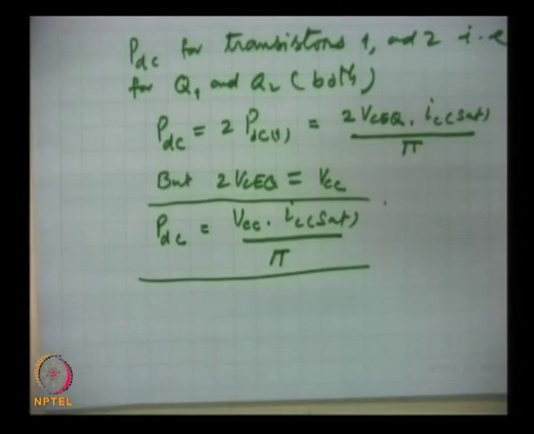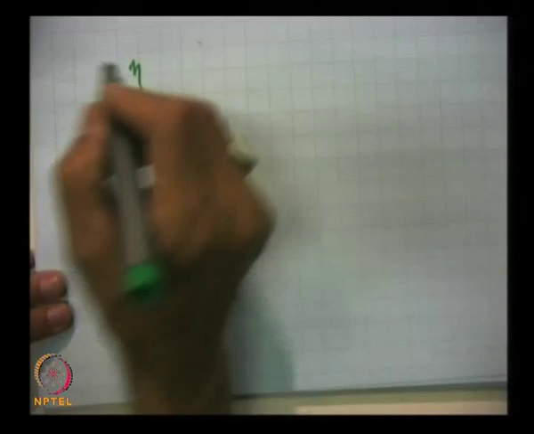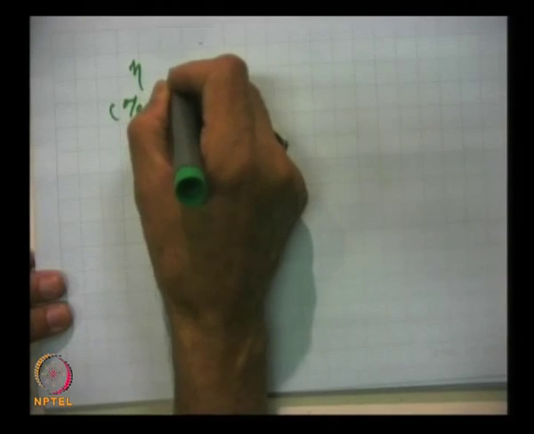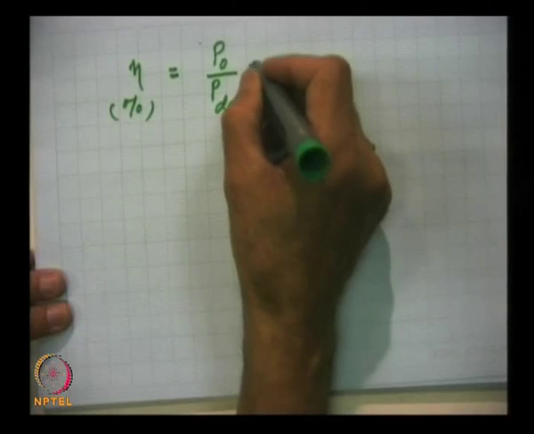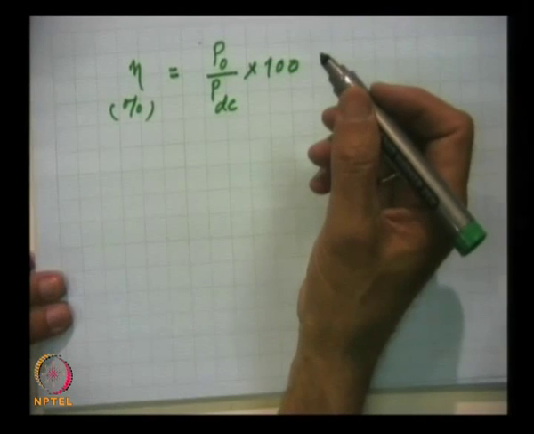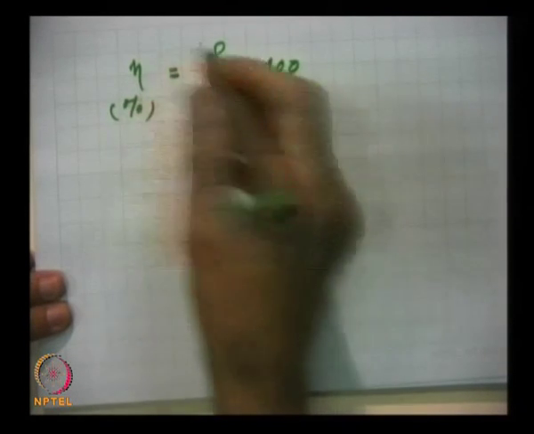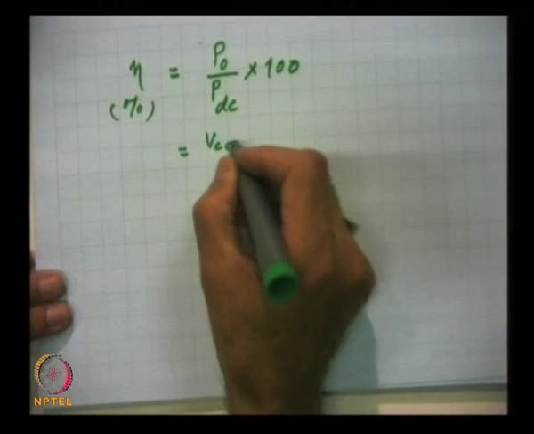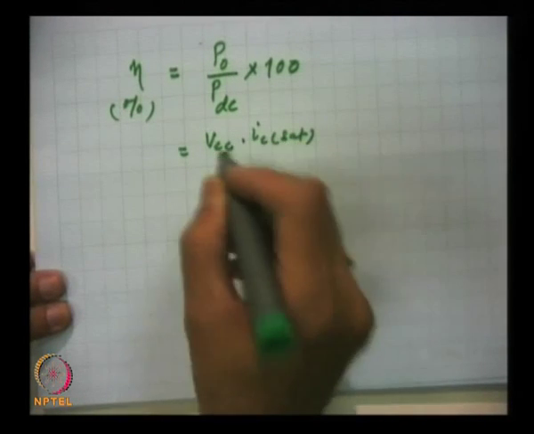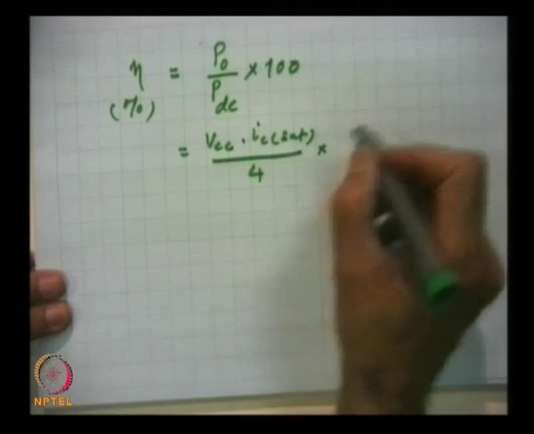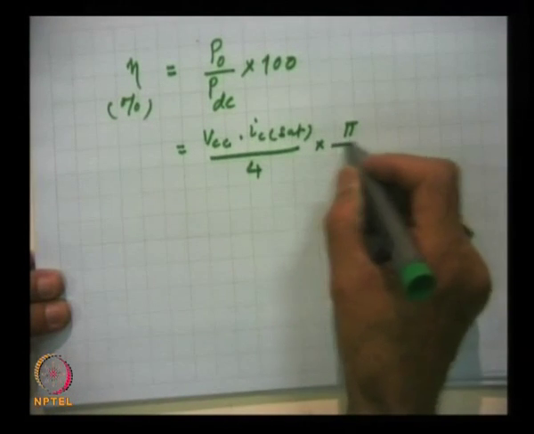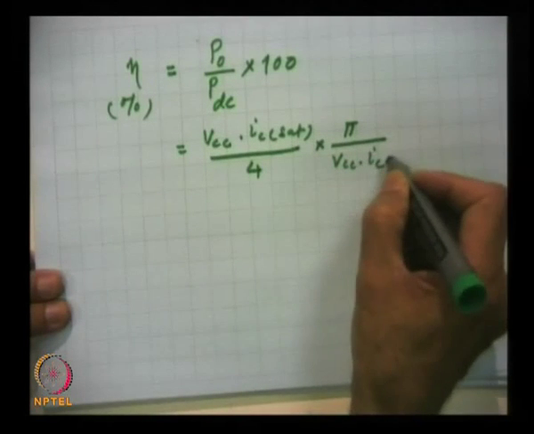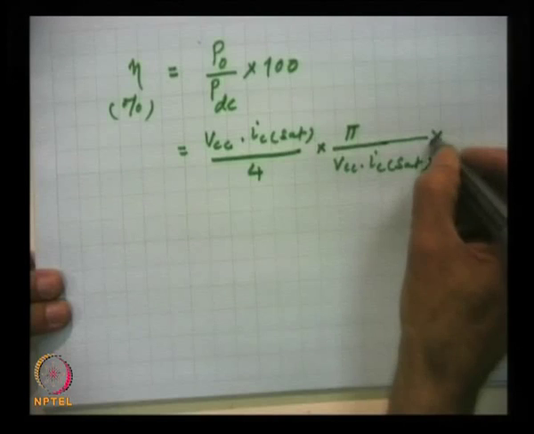Therefore, the efficiency eta in percent will be P0 by PDC into 100, and we substitute the values: VCC IC set by 4 into pi, by VCC IC set into 100.